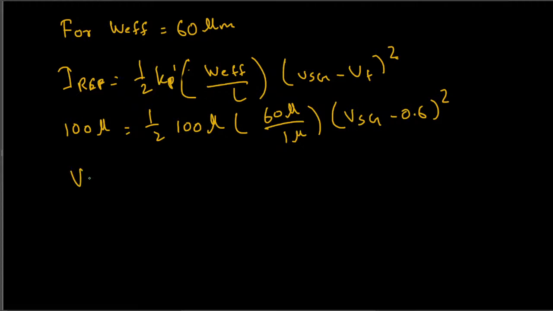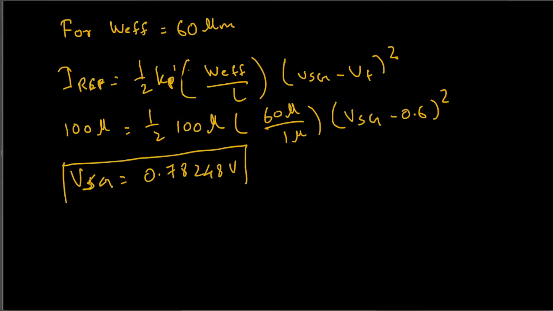Solving for VSG, we end up getting 0.78248 volt for this one. So these are the three different VSG for three different W effectives.